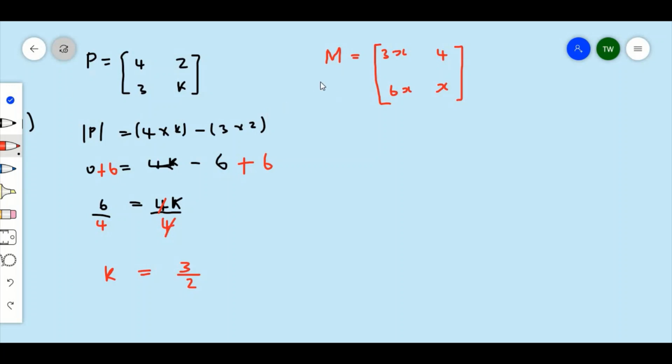So here we have another matrix that is defined as 3x, 4, 6x, and x, right? Let's say that M is a singular matrix and we're asked to determine the value of X. How would we go about that?